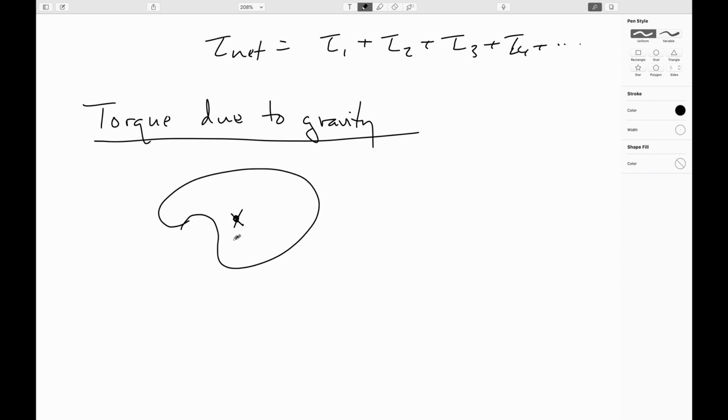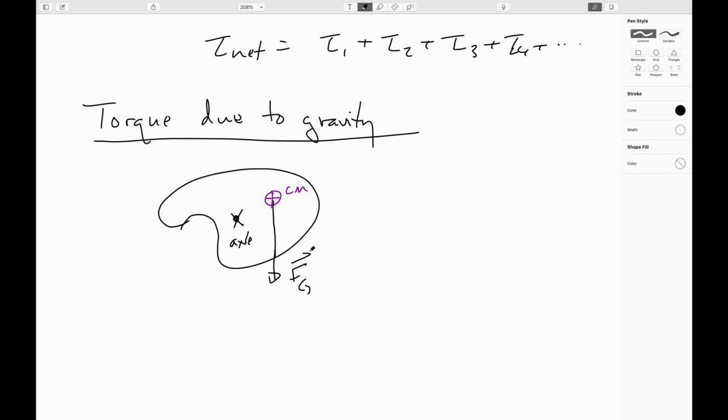Let's say this is my axle. If I'm trying to describe gravity, what you can do, it has been rigorously shown, is that if you calculate where the center of mass of the object is, you can pretend that the entire force of gravity is being applied at that center of mass.